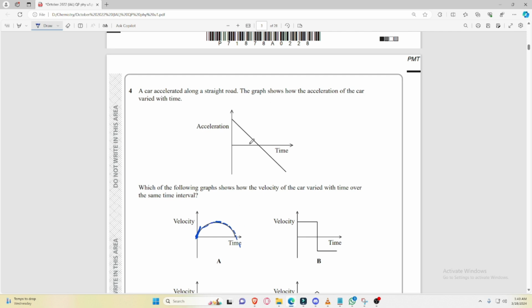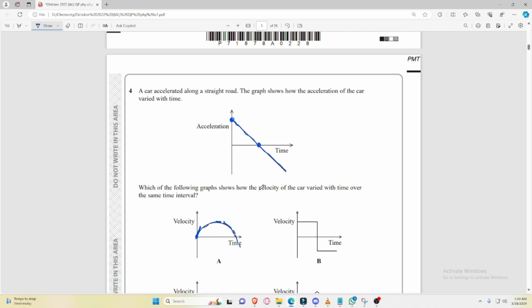So we are observing exactly the same thing here, that at first the gradient is decreasing, meaning acceleration is also decreasing. Acceleration decreases, and at one point reaches 0, and then the gradient increases but in the negative direction, meaning acceleration also increases but the value is negative. Because why? Gradient here is negative.